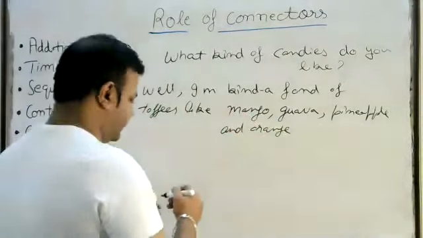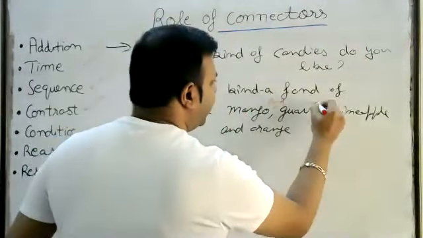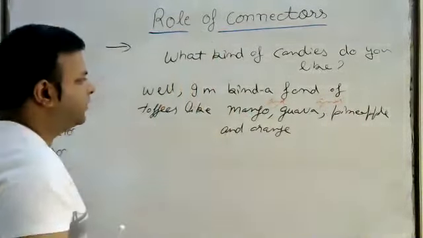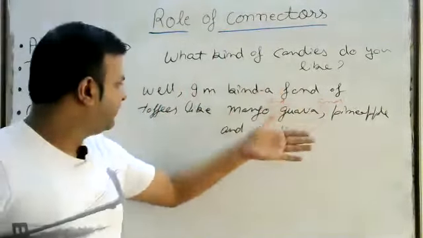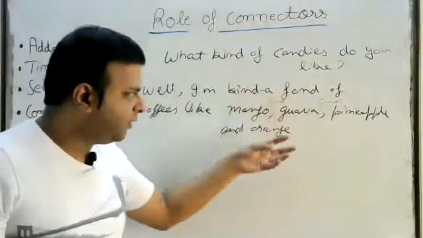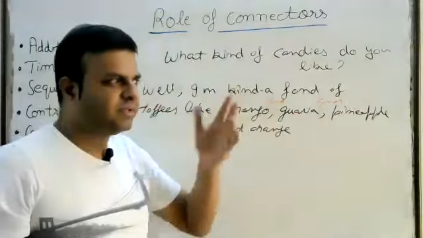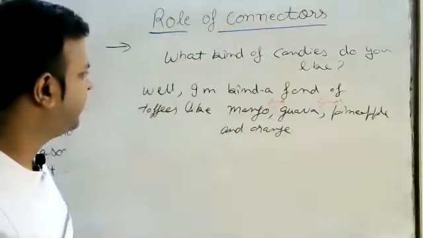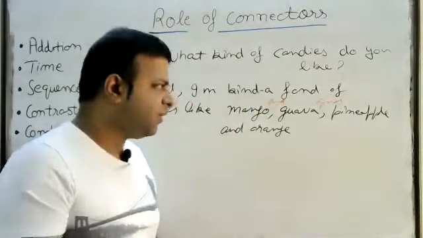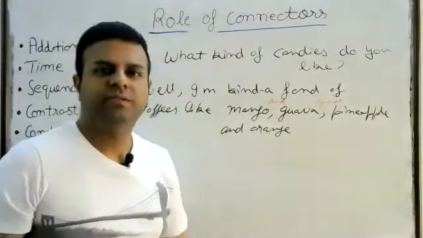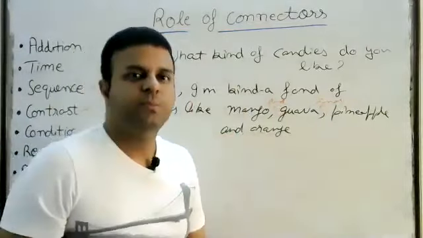I wouldn't be using "and" all the time over here, so it wouldn't sound very good. It would be like, well, I'm kind of fond of toffees like mango and guava and pineapple and orange. I don't know why people also shake their head. But it comes out as, well, I'm kind of fond of toffees like mango, guava, pineapple, and orange. While giving a pause, obviously you can think, because you're thinking and speaking.